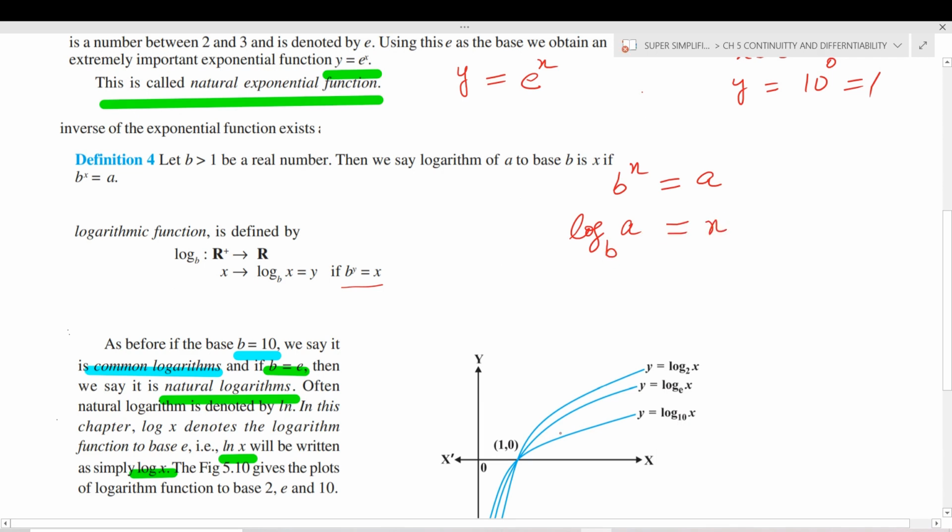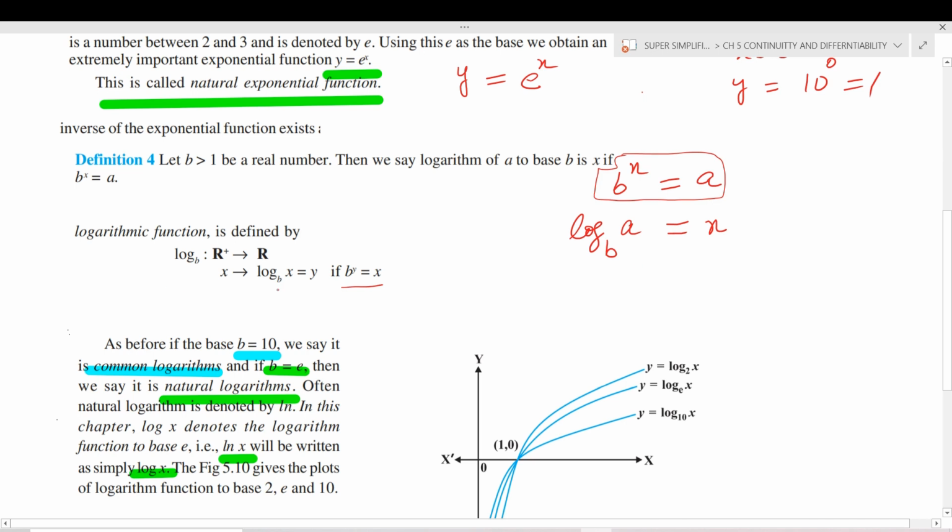This is how we define the logarithm of any number. The logarithm of any number is nothing but a terminology to write an exponent. Any exponential statement can be written in terms of log.